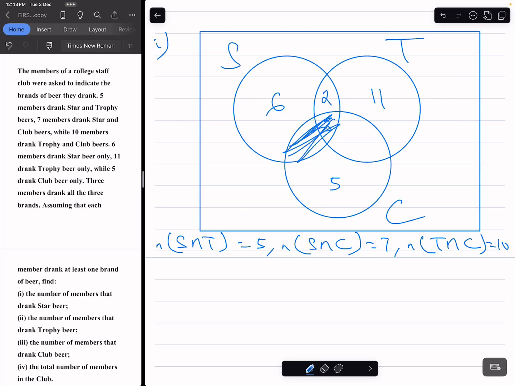That means the whole of this is 7. So if this is 3, this will be 7 minus 3, 4. That means 4 members drank only Star and Club. They said 10 members drank Trophy and Club beers. That means the whole of this is 10, which means those that drank Trophy and Club beer only will be 10 minus 3, and that's 7.